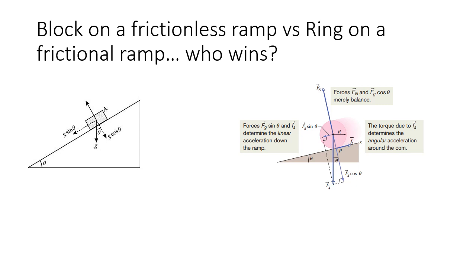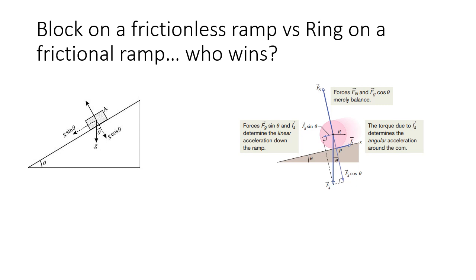Well, we can't quite compare them apples to apples like that, because the block isn't going to slide unless it's frictionless, but the ball won't roll unless it's friction filled.